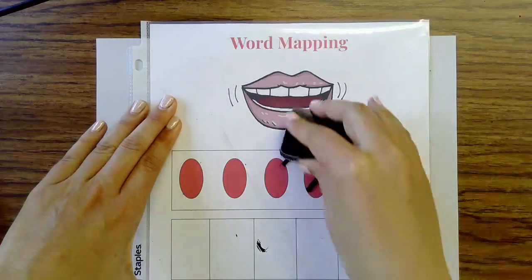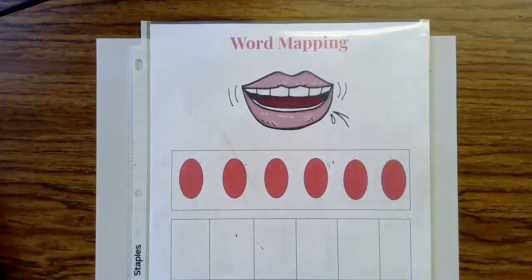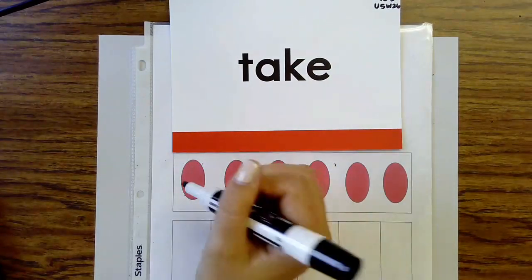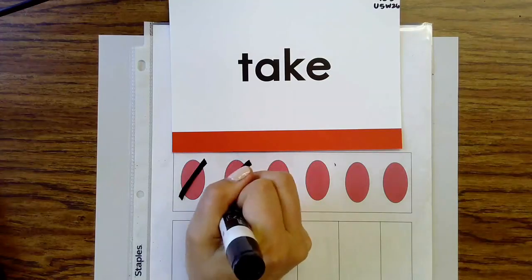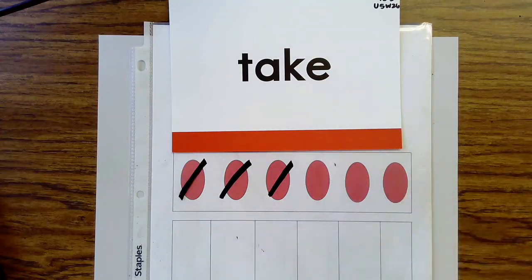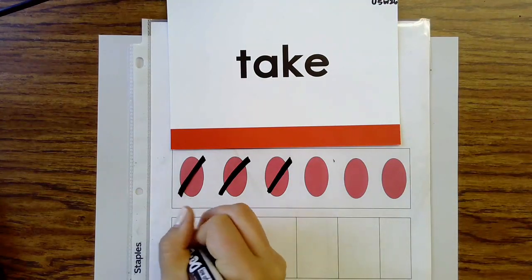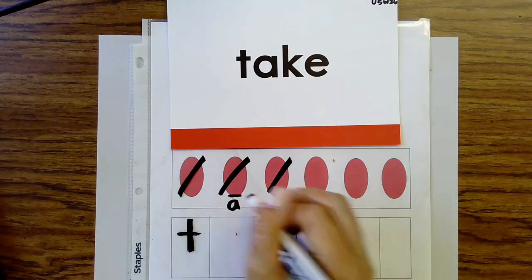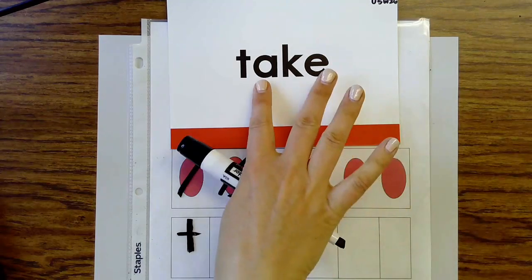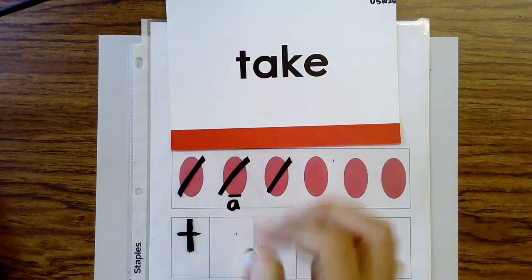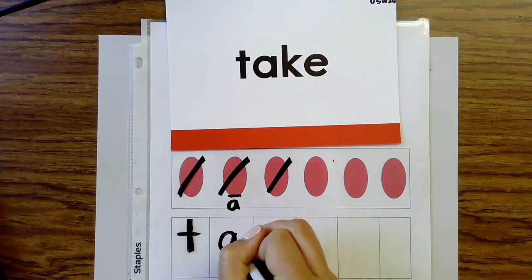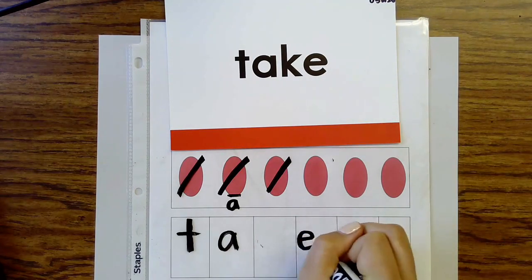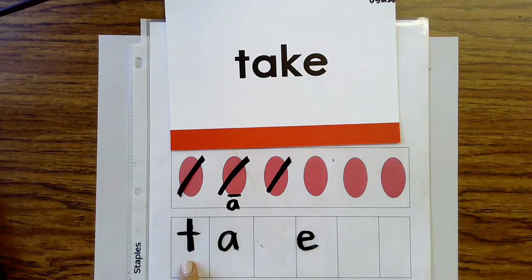Here comes our next word. Our next word is the word take. Say take. Sound take. Take. T is a T. We hear that long A sound, and we see it spelled with an A with a final E. So I have my A. Now I make it long by swooping over one and adding that E towards the end.